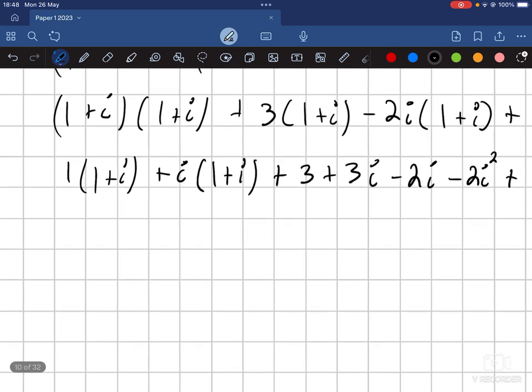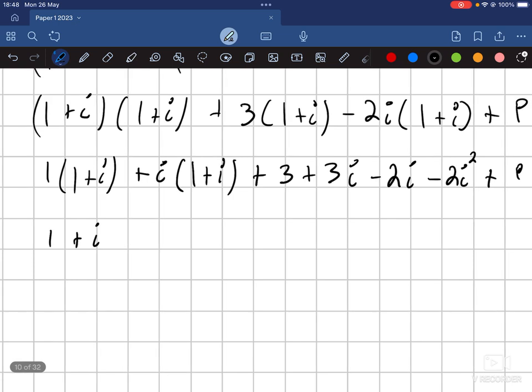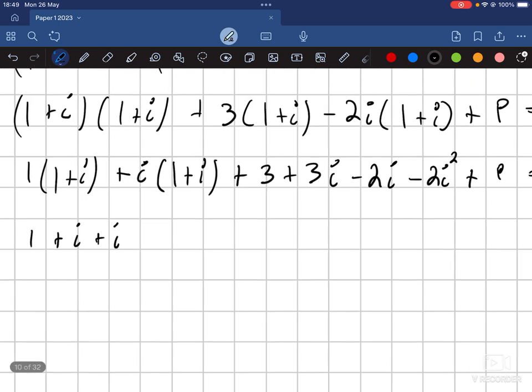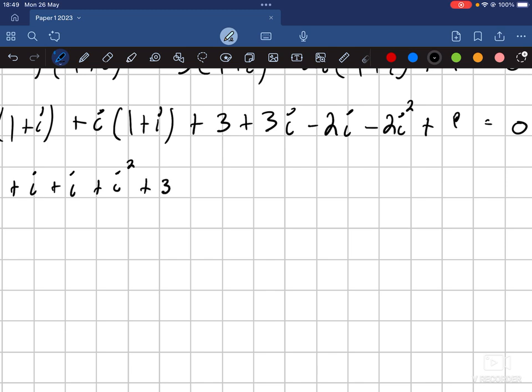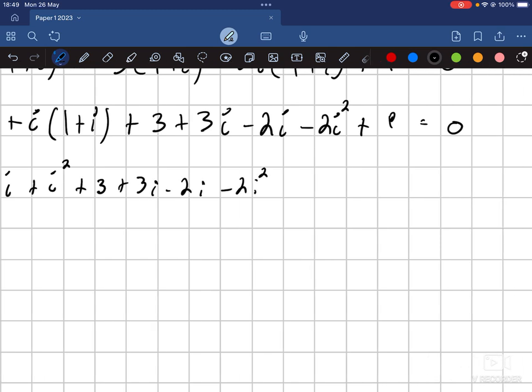Right, and there we finish this one. 1 times 1 is 1, 1 times i is i, 1 times i is i, and i times i is i squared. Plus 3 plus 3i minus 2i squared plus p equals 0.